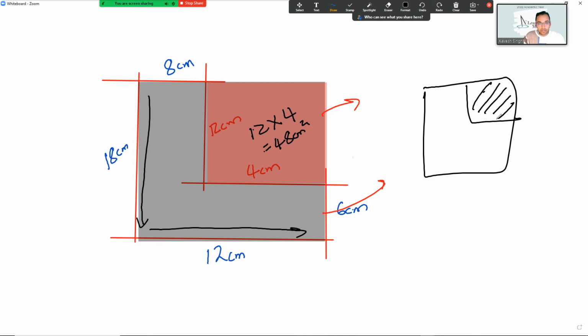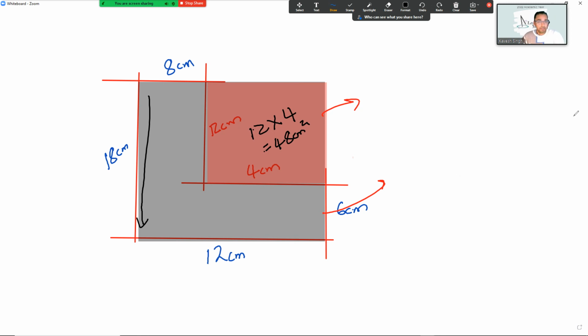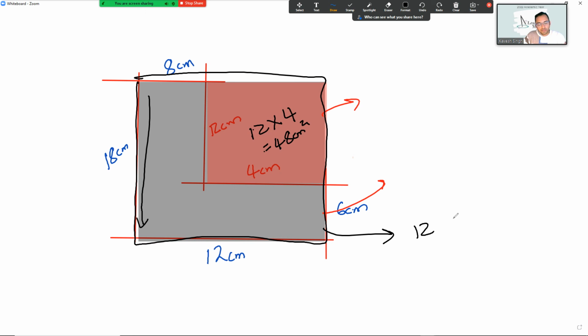I'm removing the small area, and what I'm going to be left with is the L. The entire big area, which is this whole space all the way around, is 12 times 18. And what is 12 times 18? 216 centimeters squared.